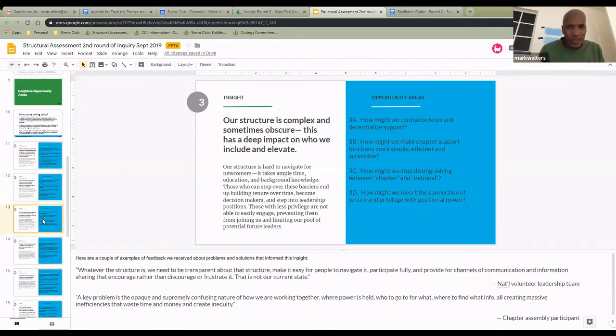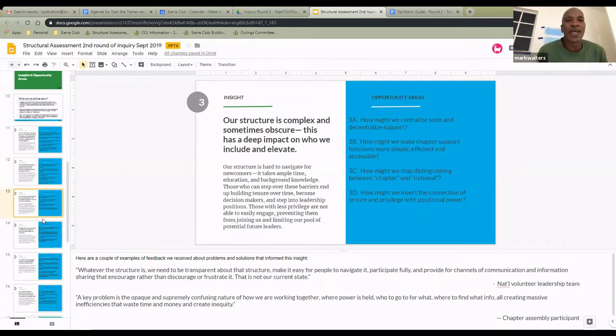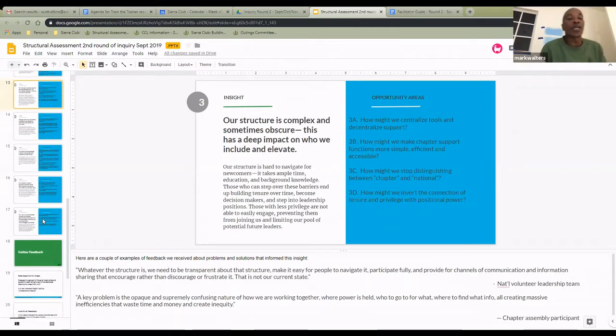The next one, insight number 3: our structure is complex and sometimes obscure. And this has a deep impact on who we include and elevate.